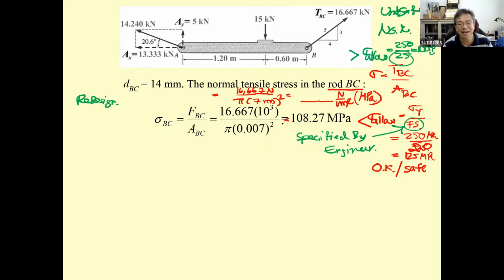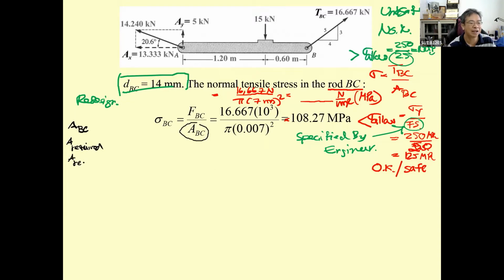When you redesign it, it's going to be larger than this. Okay, how are we going to redesign, Ajahn? It's going to be very easy, guys. We just come again to this equation, we're going to determine this one. Okay, and then A sub BC, sometimes we say it's going to be required. Okay, in short, it's going to be REQ. D is the same.